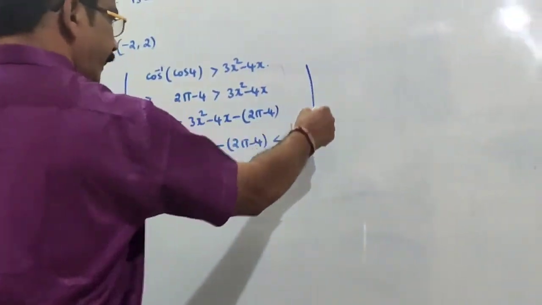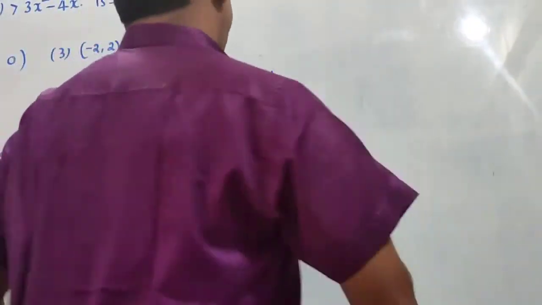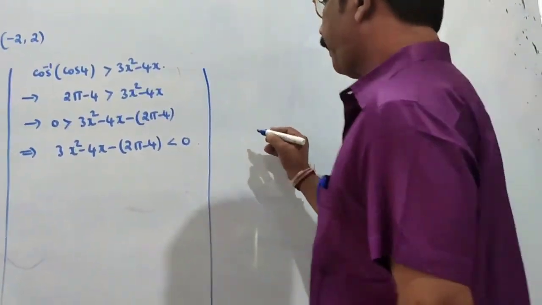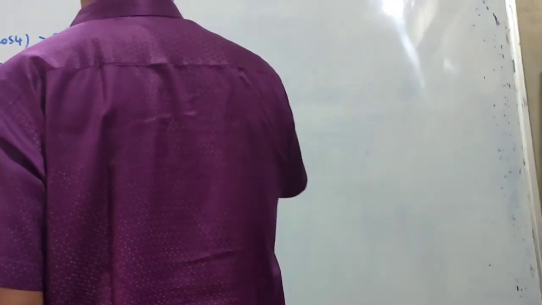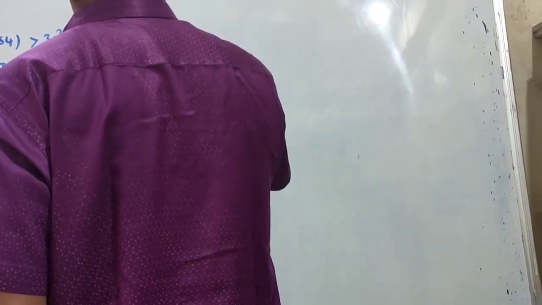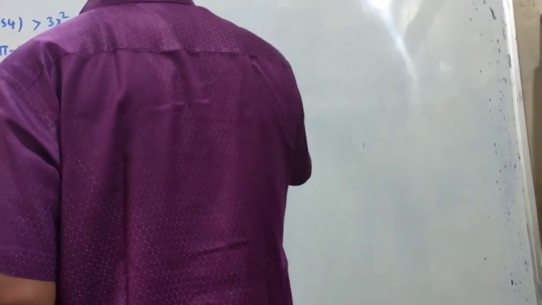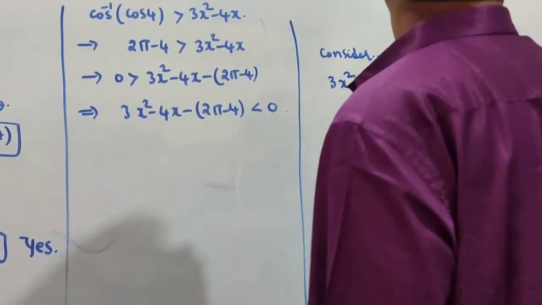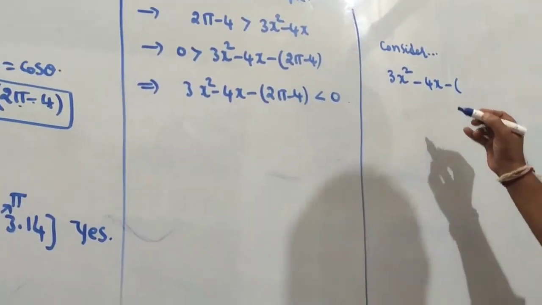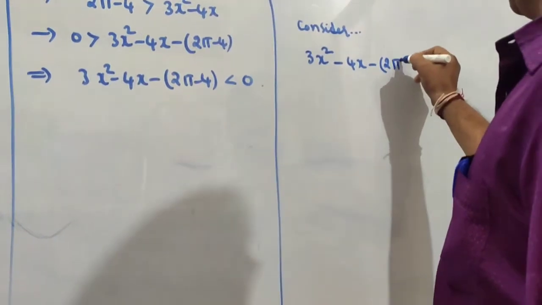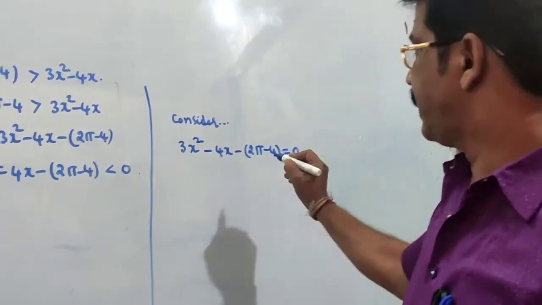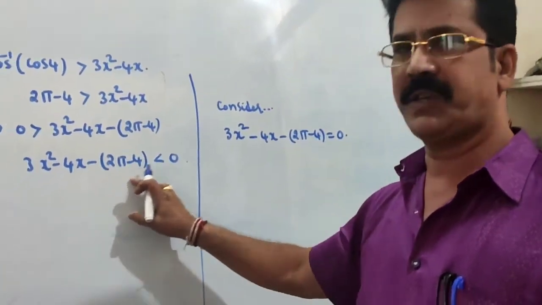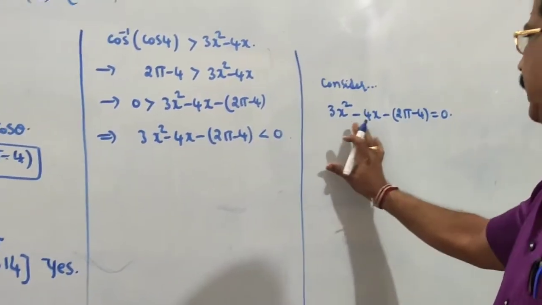Now rough work. Let us find the factors. Let us consider 3x square minus 4x minus of 2 pi minus 4 equal to 0. Consider the equation; in rough work, do it like that.